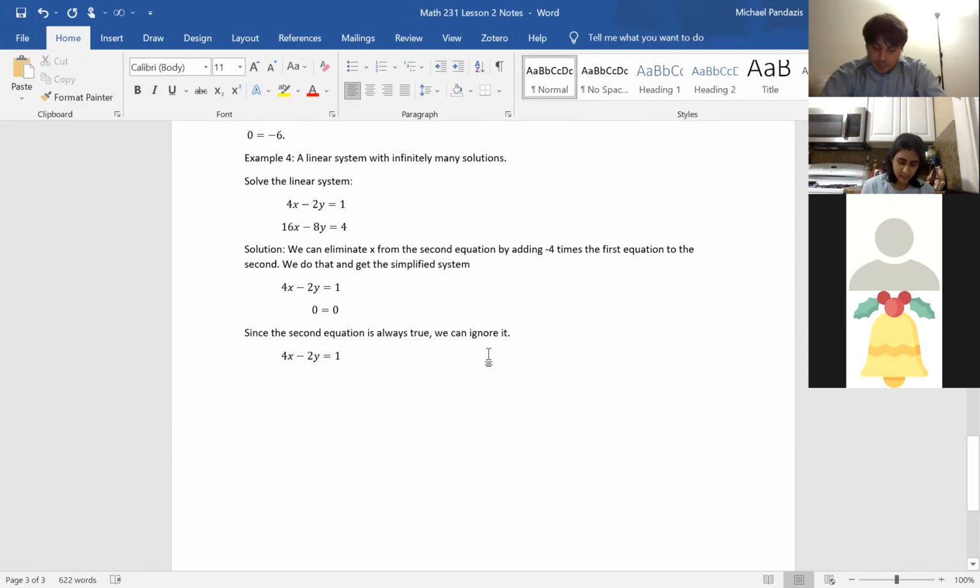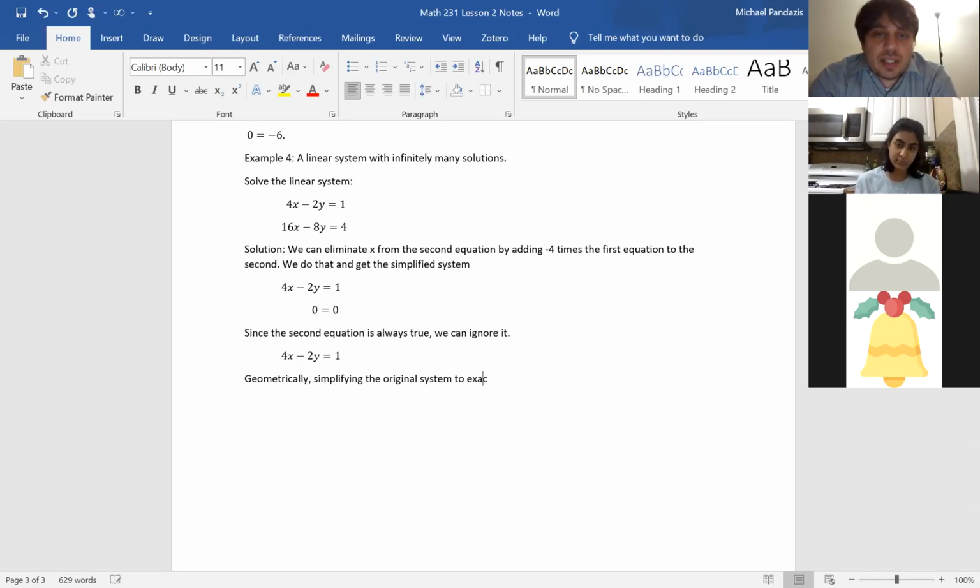Okay, so geometrically, simplifying the original system to exactly one linear equation means that our original system can be represented as two lines that coincide.